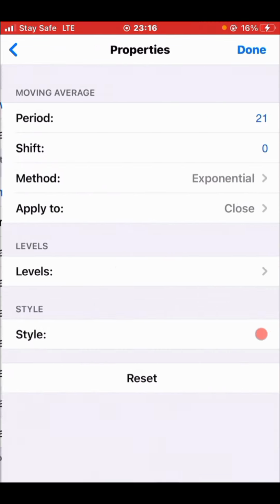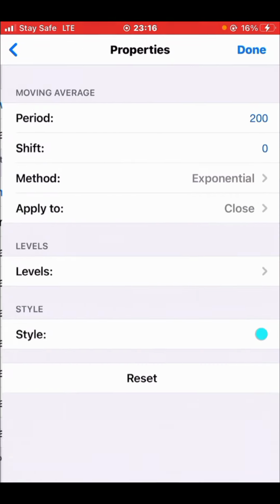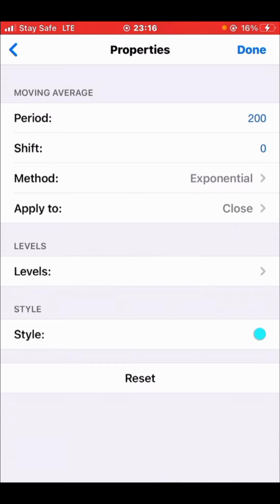The next one is moving average 21, shift 0, method exponential, apply to close, style red. And the last one is period 200, shift 0, method exponential, apply to close, style green.